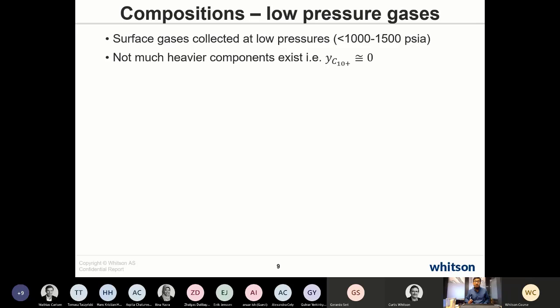For those gases, we don't have much of these heavier fractions. C10 plus, for example, is essentially 0 in the flash gas or the separator gas. And usually the detector that is used is the TCD detector, because we have these lighter components, nitrogen, C1, C2, and we need accurate measurements of the areas of those components.